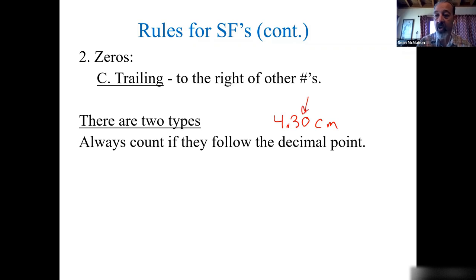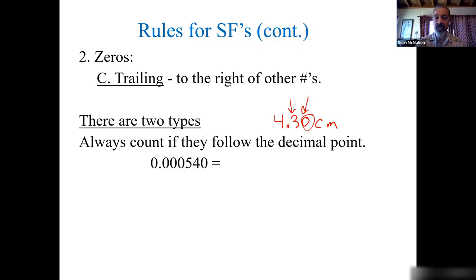I'm putting that 0 there because that ruler, if you remember ruler B, had the graduations to the tenths. So I was able to estimate to the hundredths, but it was on that 4.3 graduation, and I still added the 0 because the instrument can go to the hundredths place. So they always count if there's a decimal.